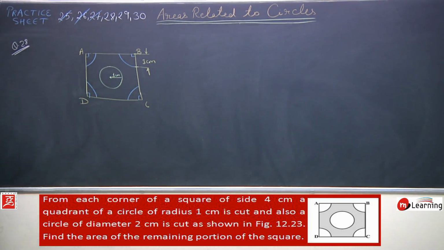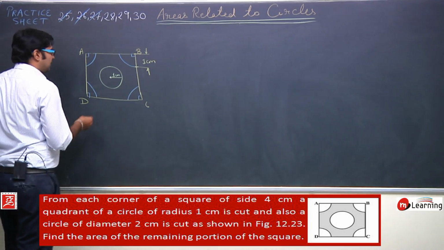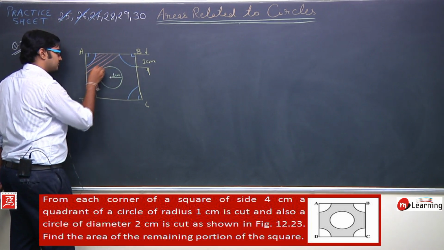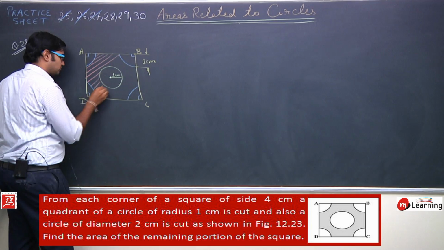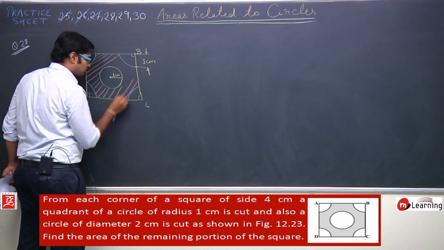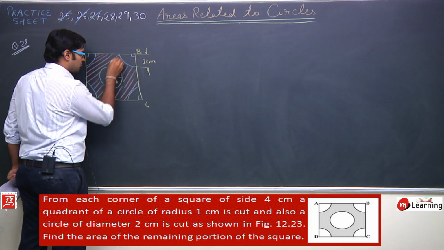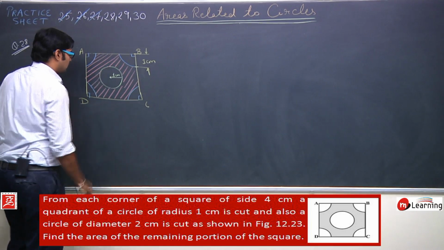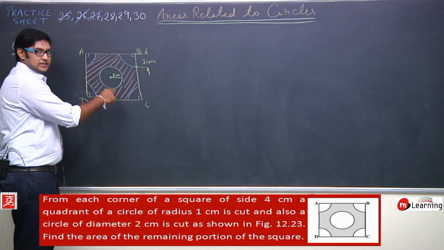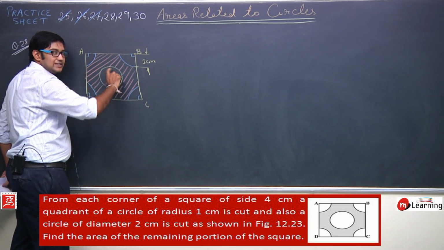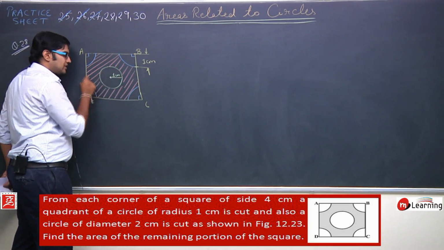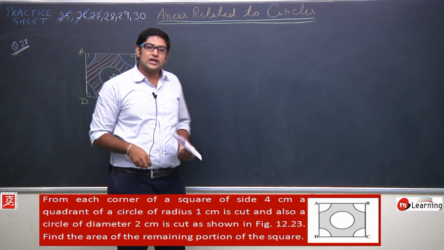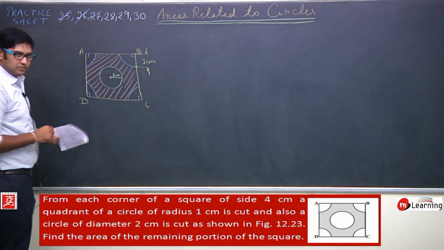Now what is the remaining portion that we have? The remaining portion that we have is this much, this portion. This is our remaining portion. So we have removed these 4 quadrants, and we have removed this circle from the center, and we have this as the remaining portion, and we need to calculate the area of this remaining portion or the shaded portion.